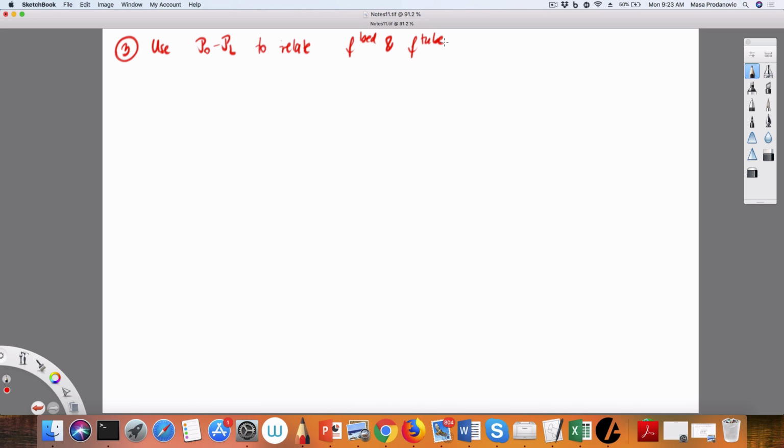So I'm going to express pressure difference from both. In the first one, it's rho V squared L over RH times F tube.